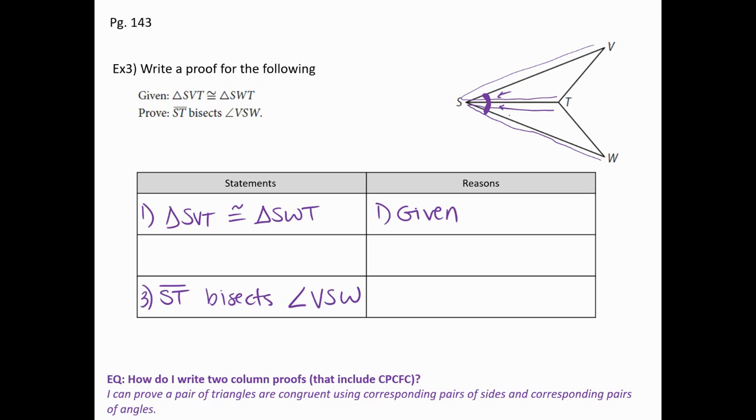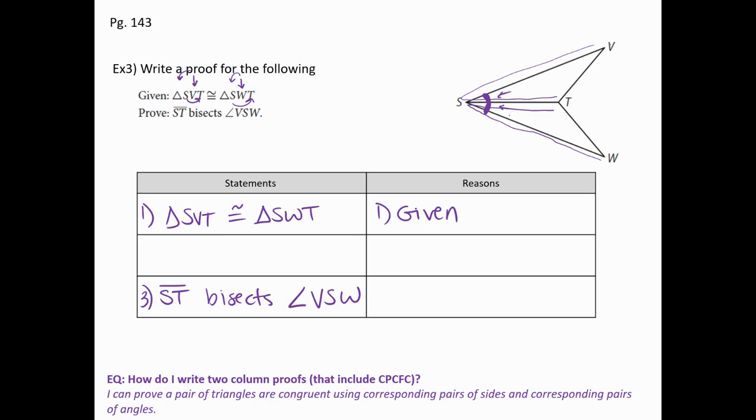If I look at my congruent statement, I did VST, then my order would have to match in the other one. Let's see if it does. WST. It does.